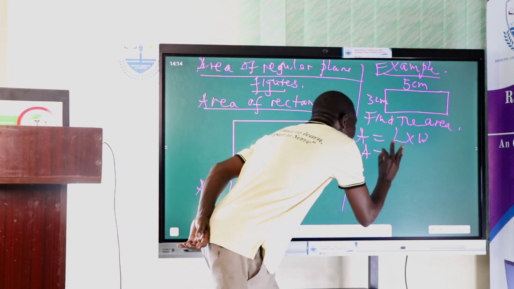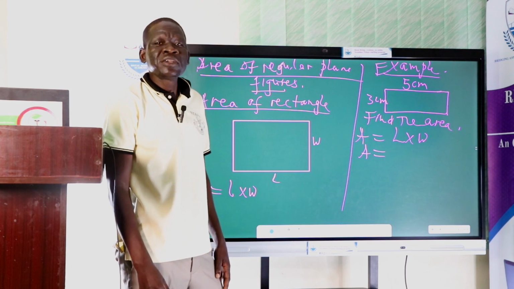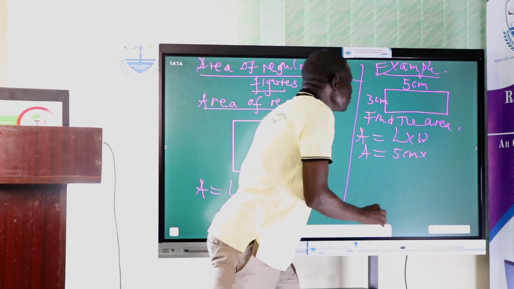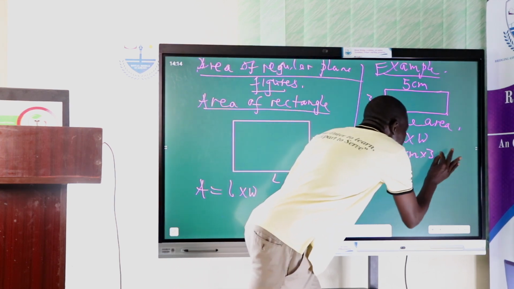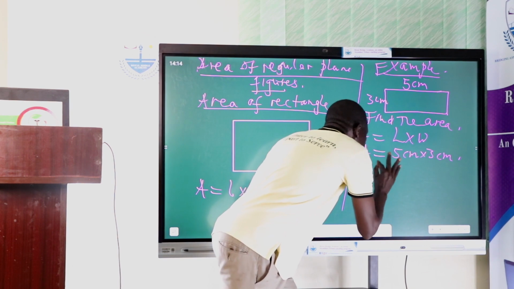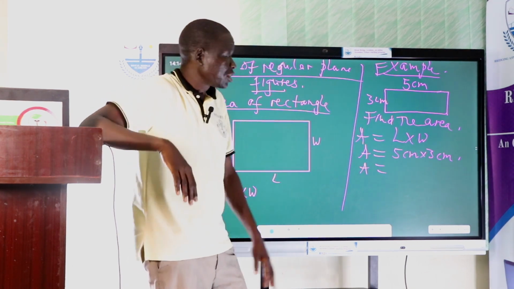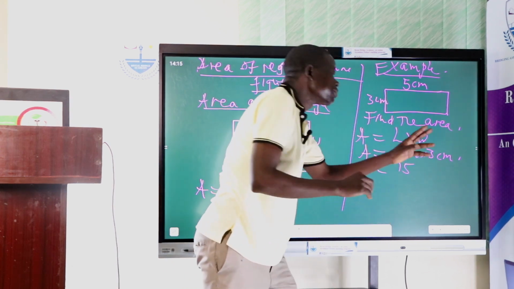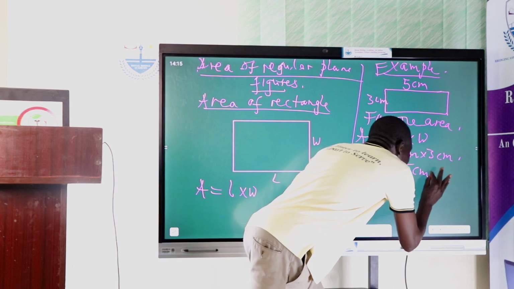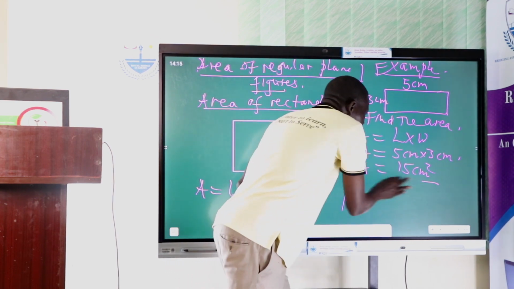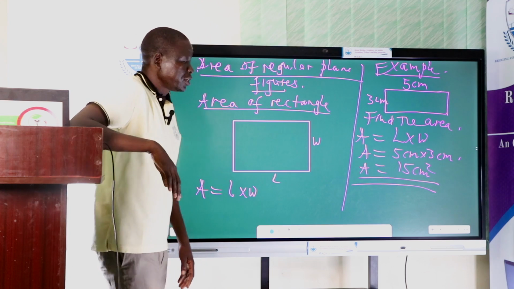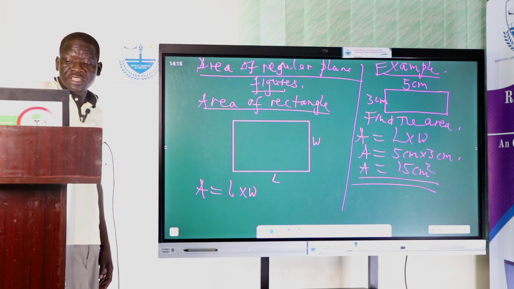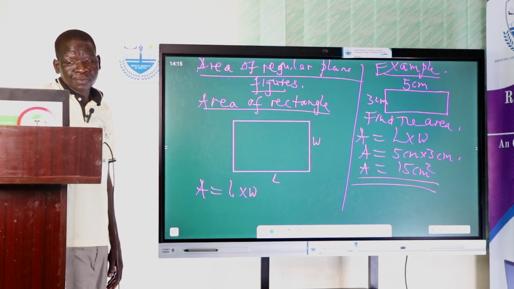So our area is equal to the length, 5 centimeters, times the width, 3 centimeters, such that the area gives us 5 times 3, we get 15, and centimeter times centimeter gives centimeter square. So the area of that rectangle will be 15 centimeters square. So that's how we find the area of the rectangle.